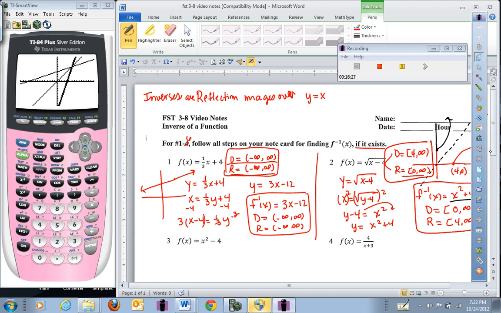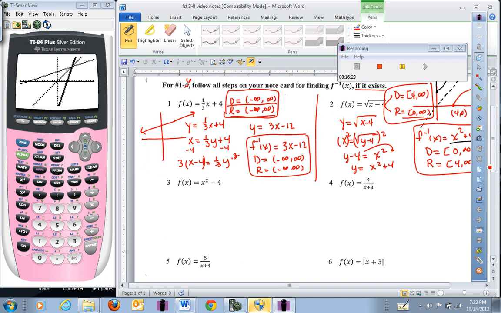Okay, let's try number 3. Number 3 would be a parabola that's been moved down 4. So would it look like this if this is 0 and negative 4? Okay. Does that pass the horizontal line test? Well, no, it doesn't.